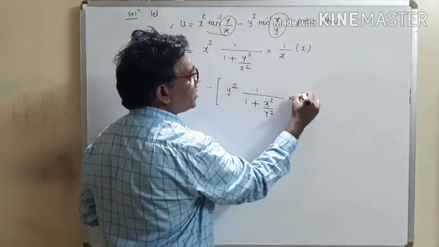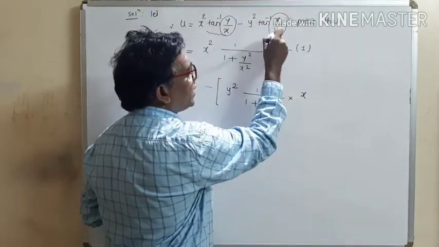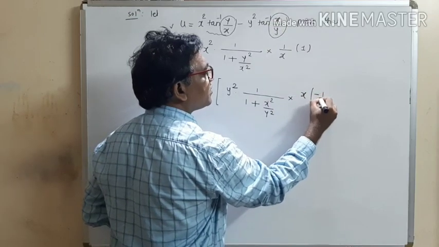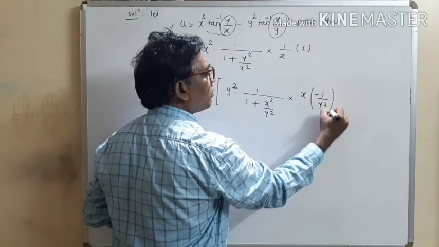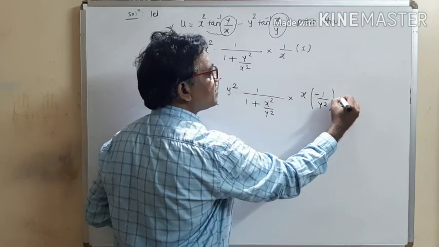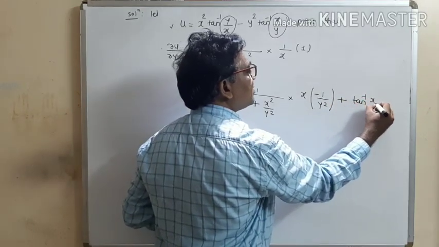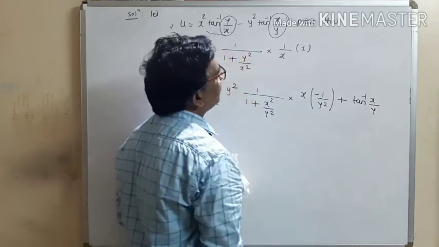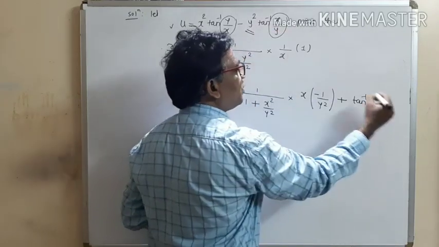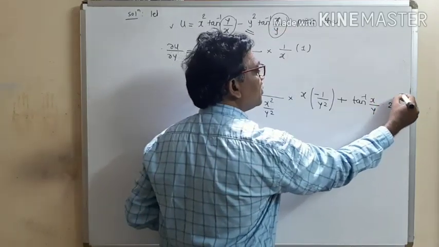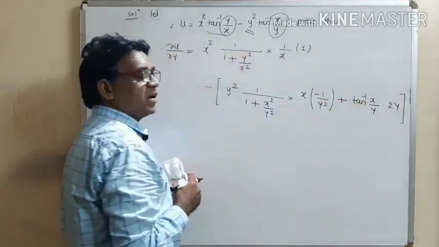So x, it is constant term, and derivative of 1 upon y, this is minus 1 upon y square, plus second term as it is, tan inverse x upon y, into derivative of this first term, it is 2y. Derivative of y square, it is 2y.